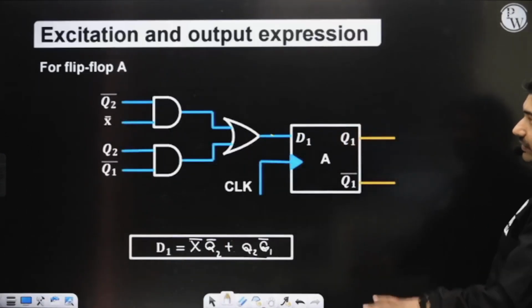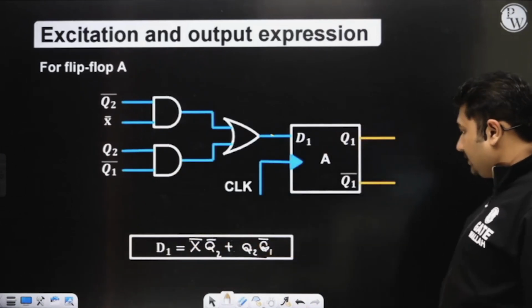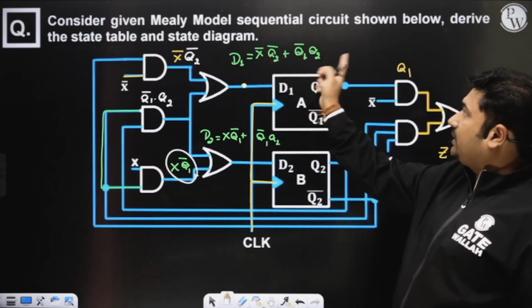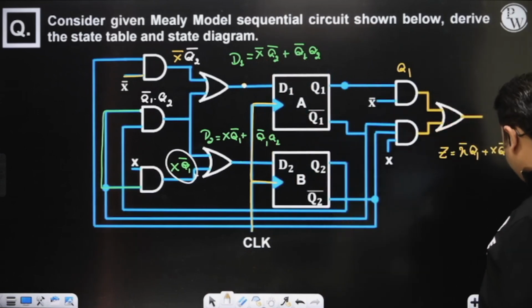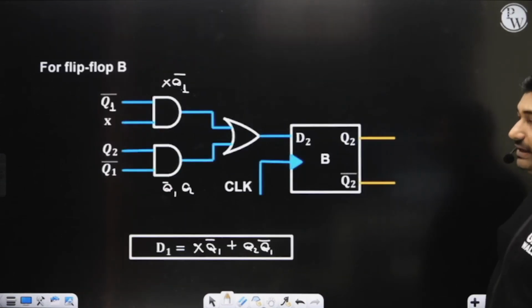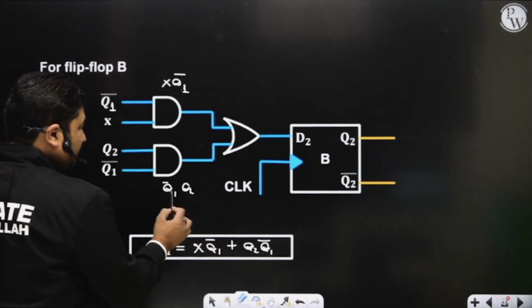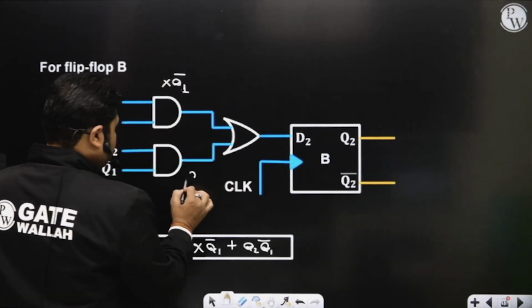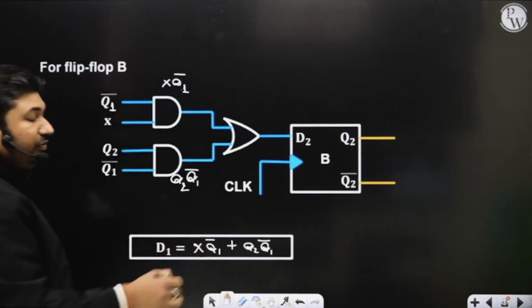Great, sir. We have for flip-flop A x Q2 complement Q1 Q2 complement, x Q2 complement Q1 complement Q2, x Q1 Q1 complement Q2. Up to this part, I am hoping everything is clear. Q1 complement Q2, I have represented the same thing, just representing Q2 before Q1.